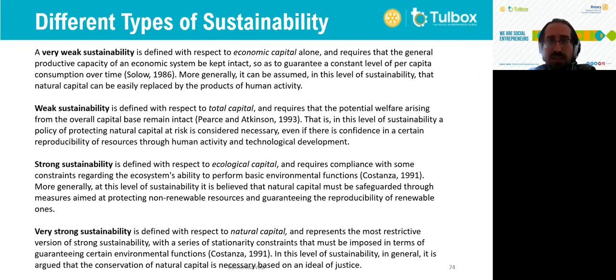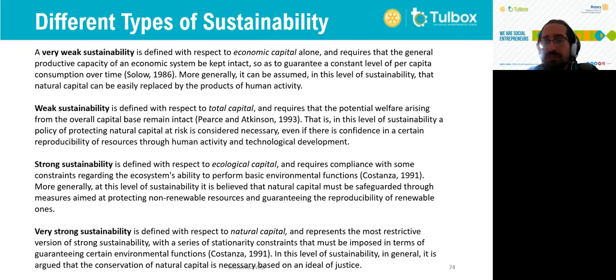But indeed, the renewable resources are overconsumed. Then we have a strong sustainability that is defined with respect to the ecological capital also. So that means that our process is respecting also the rate of regeneration of the renewable resources. So this sustainability is strong because it grants regeneration of ecological resources too.